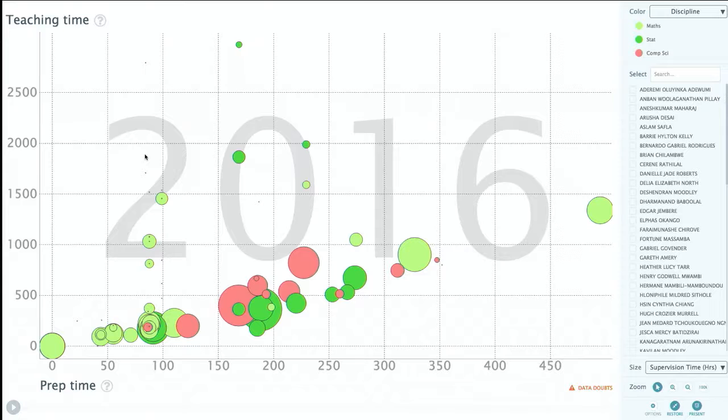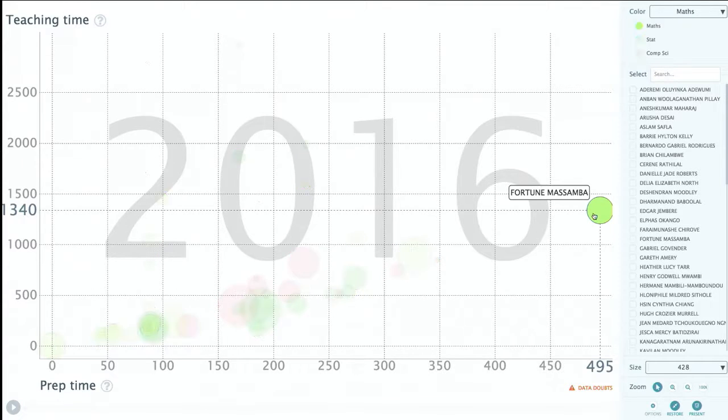But you can see also there's a good correlation between preparation time and total teaching time, but immediately one looks at someone that's a standout.